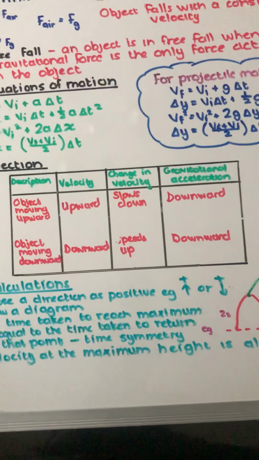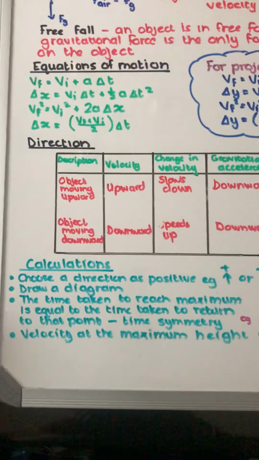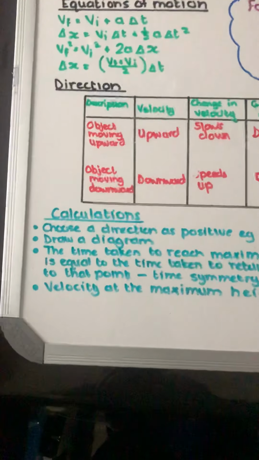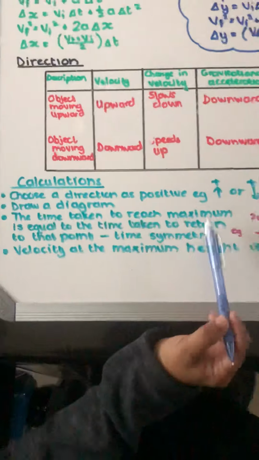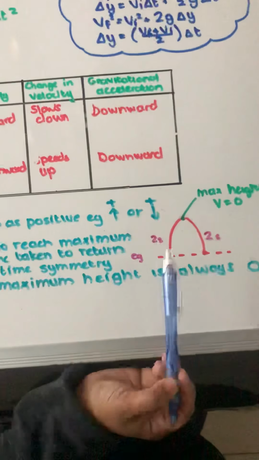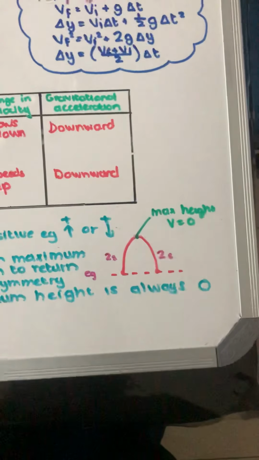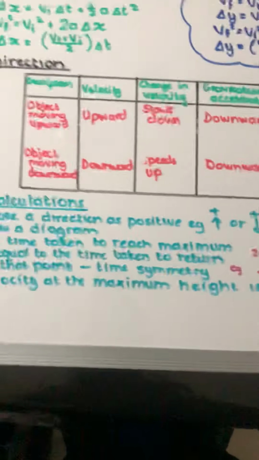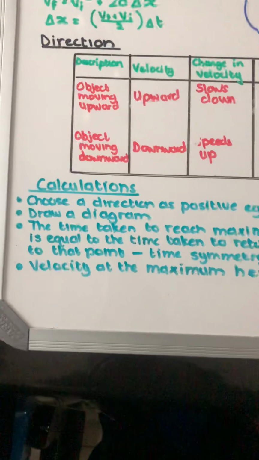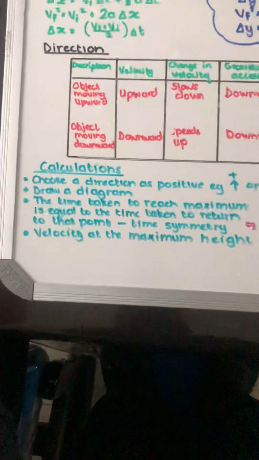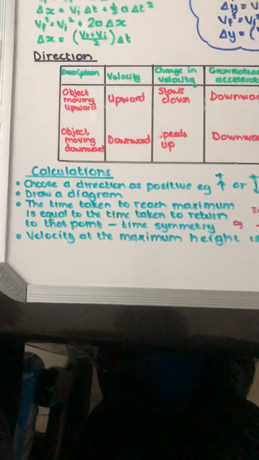There are a few important rules to keep in mind when doing calculations. Always choose a direction as positive. For example, an arrow pointing upward is positive and an arrow pointing downward is negative. Or you could take an arrow pointing downward as positive. Always draw a diagram. The time taken to reach the maximum height is equal to the time taken to return to its starting point.